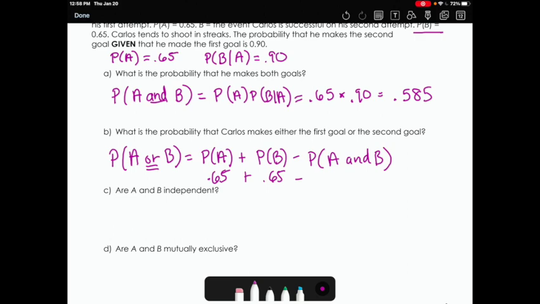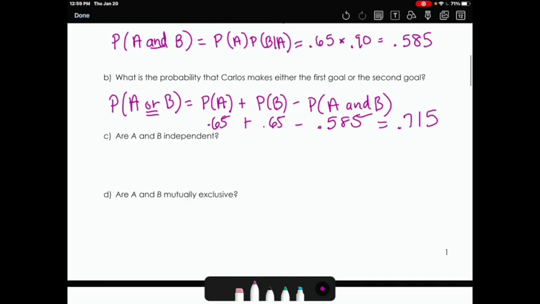We found in part A that the probability of him getting a goal both times is 0.585. So I'm going to subtract 0.585. Now, when I take 0.65 plus 0.65 and then subtract the 0.585, that's going to give me 0.715. So there's about a 71.5% chance that he would score on one or the other.